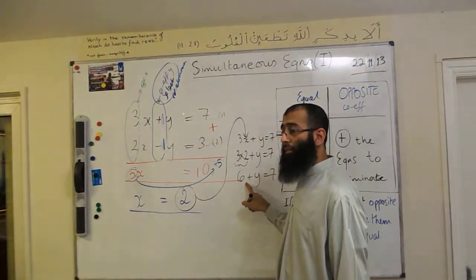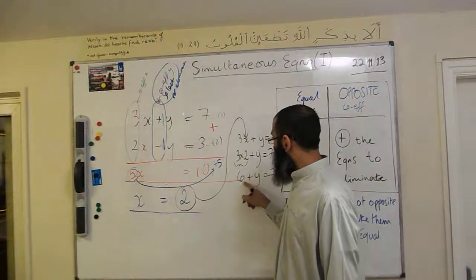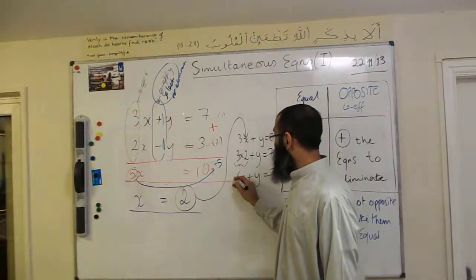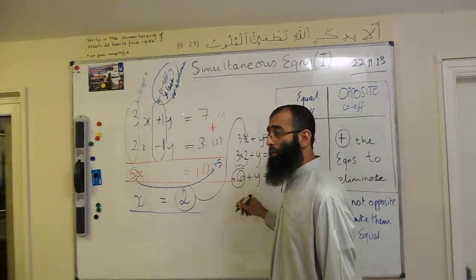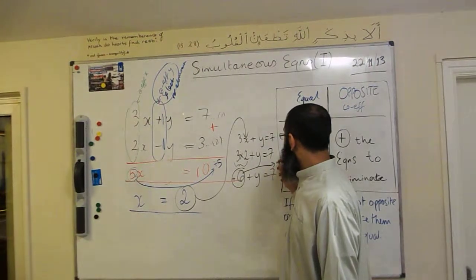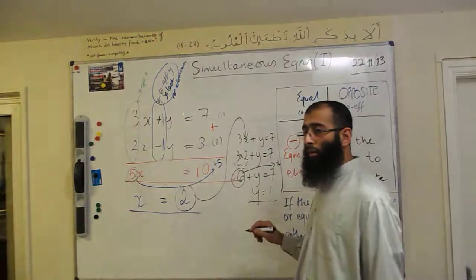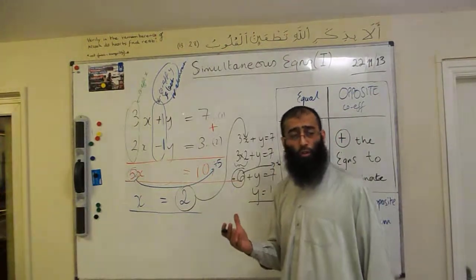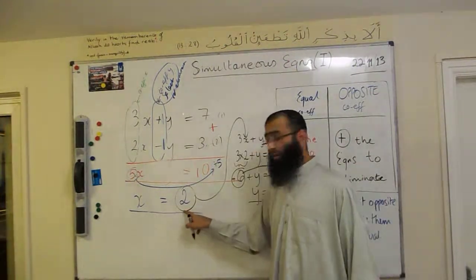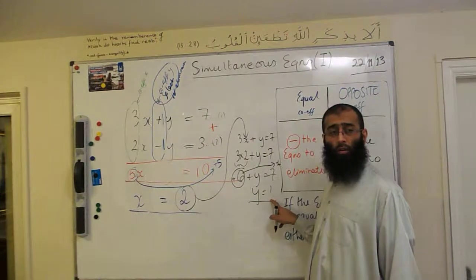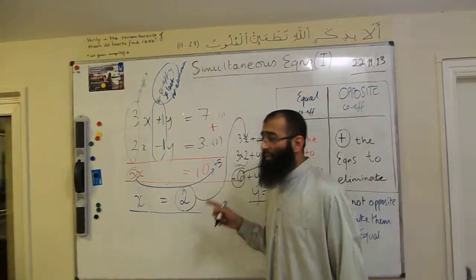What do we do with the 6? Minus 6. That's right. That plus doesn't belong to the 6, by the way. The 6 has got its own plus. It's invisible. So the opposite of plus 6 is minus 6. So y is equal to 1. We now have the full solution: x is equal to 2 and y is equal to 1. So we have solved this simultaneous equation.